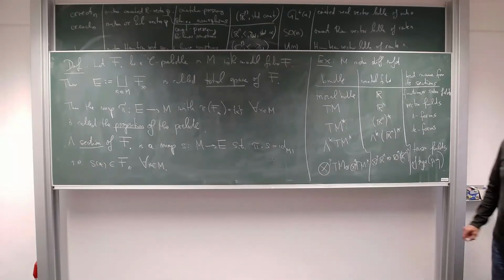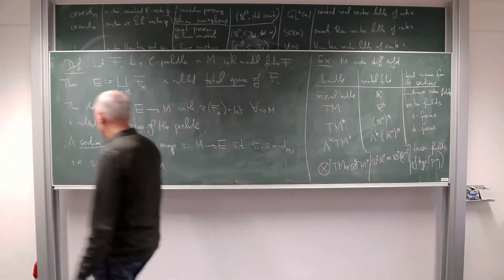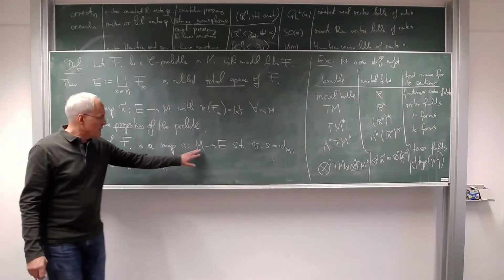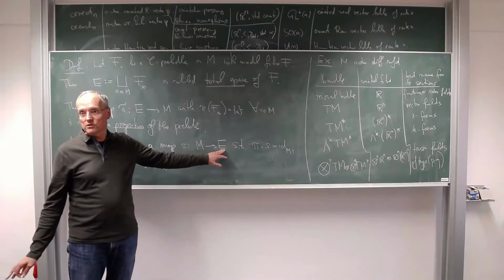All right, and now what I would like to do is to be able to say that a section is continuous or is smooth. At the moment I can't do that, because what is a section? A section is a map from the base manifold, which carries a topology, to the total space. This does not carry a topology.